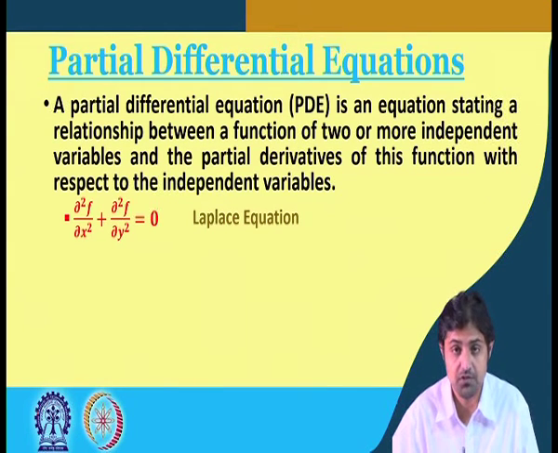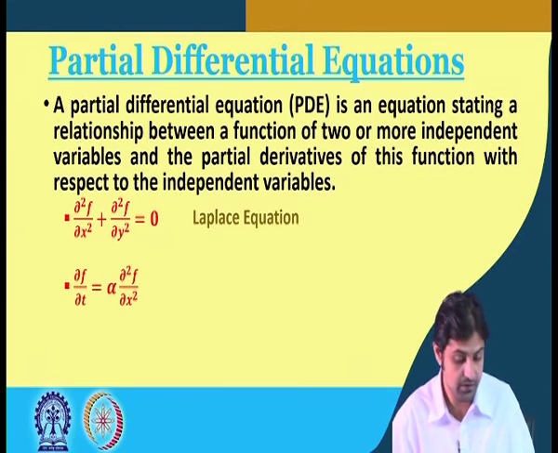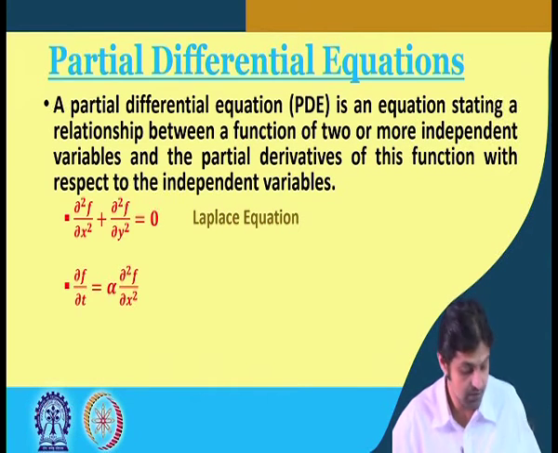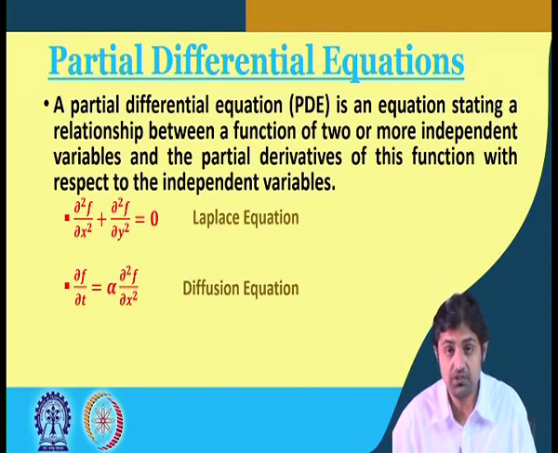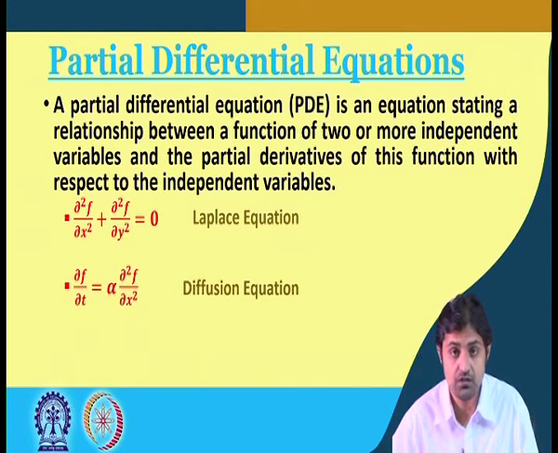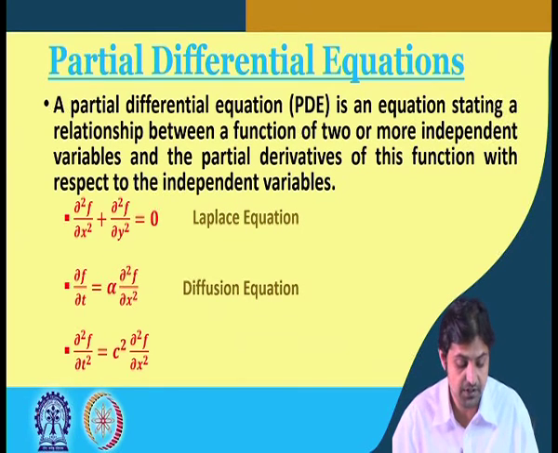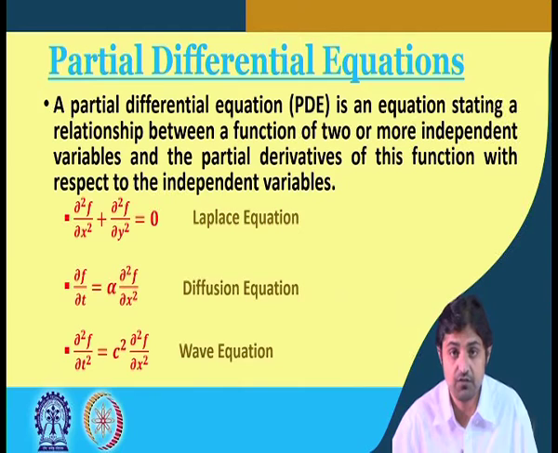From your previous experience you should know this. Another equation is del f by del t is equal to alpha del square f by del x square. This is a diffusion equation. The third equation is del square f by del t square is equal to c square del square f by del x square, and this is a wave equation.